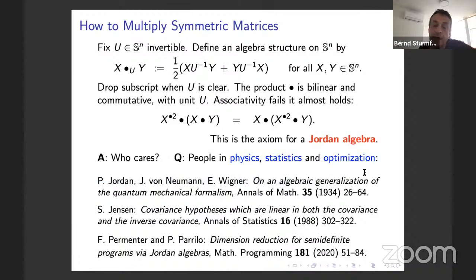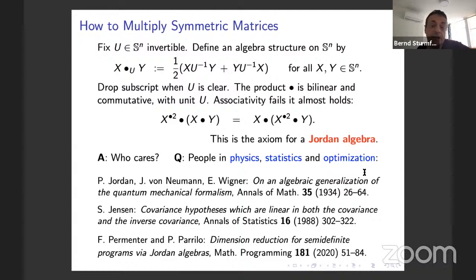They published in 1934 a paper called On an Algebraic Generalization of the Quantum Mechanical Formalism. They were trying to put quantum mechanics on solid mathematical foundations, and in the course of doing so, they invented Jordan algebras. Most of the literature on Jordan algebras still lives from this interplay with physics. It really came from mathematical physics.